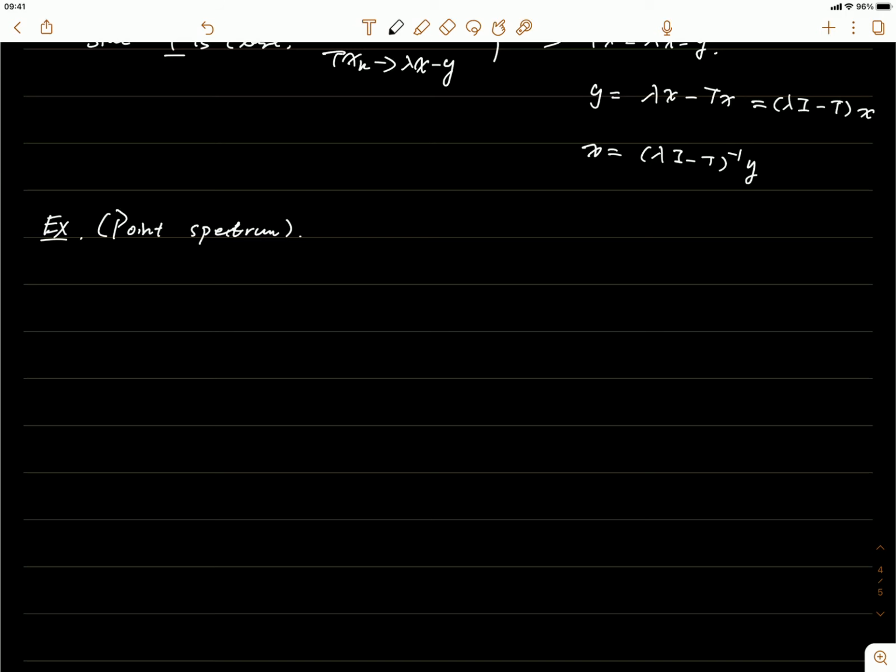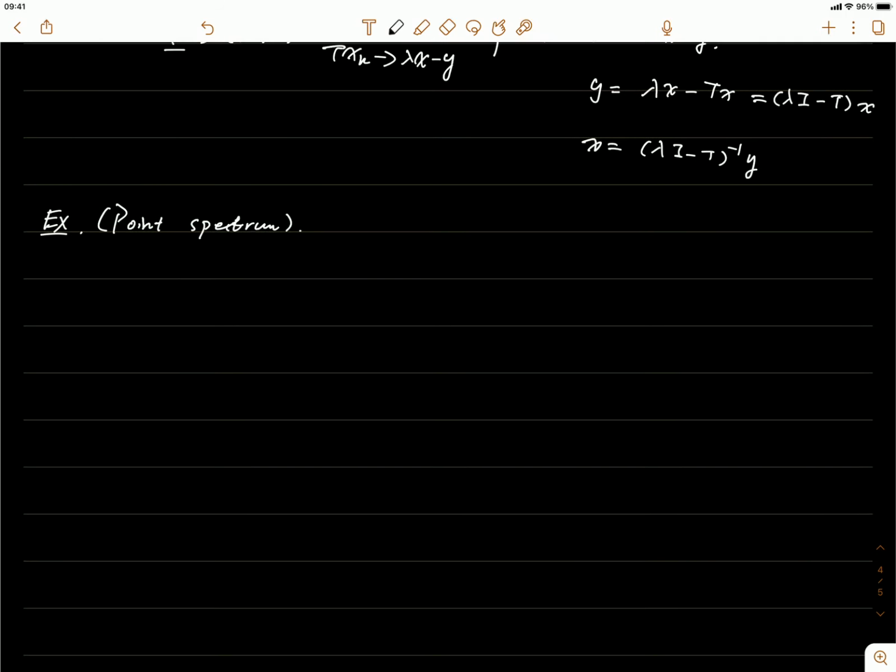So let's say we have an operator, and we try to find out the eigenvalues of this operator. Here, let's say X is the standard L2 space, Lebesgue square integrable functions.